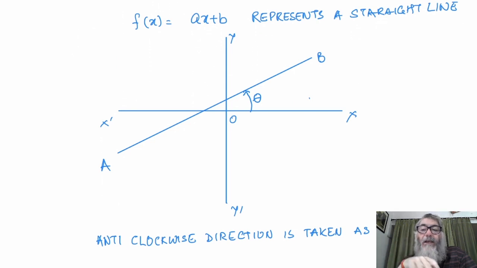I'm not talking of the line on the negative side. So the straight line AB is making an angle theta with the positive direction of the x-axis, and tan theta, the tan of this angle theta, is called the slope, or gradient, of the line.